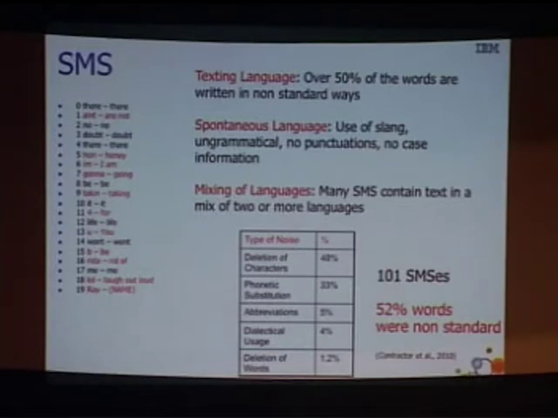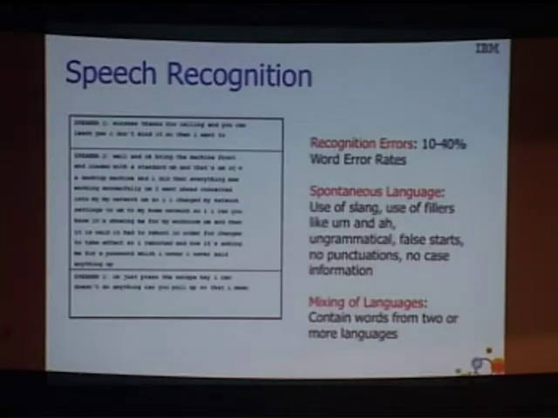And that's why on social media you're seeing those error rates. If you look at a piece of text, out of 10 words, half of them are not real English or real Bengali or whatever. Speech recognition, 10 to 40% error, that's the way it looks.